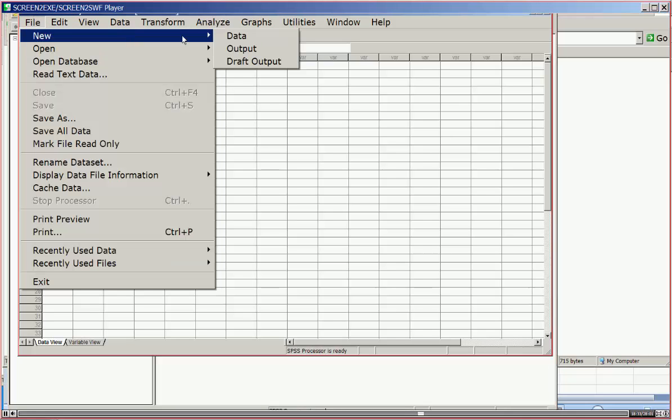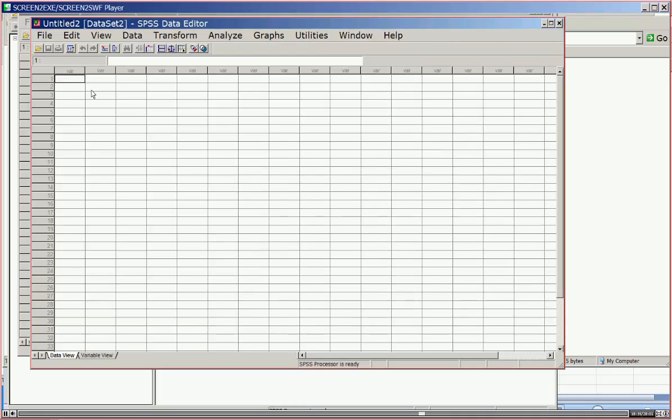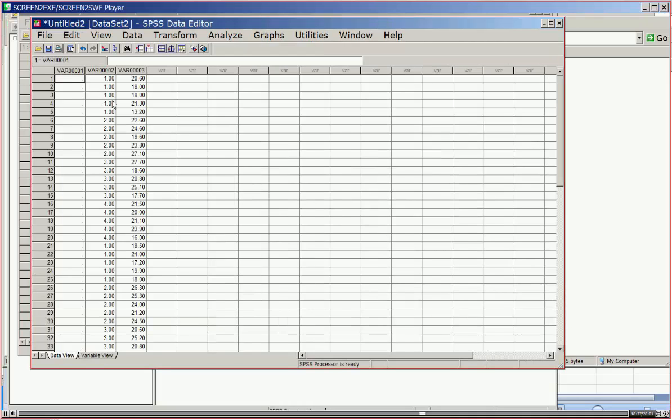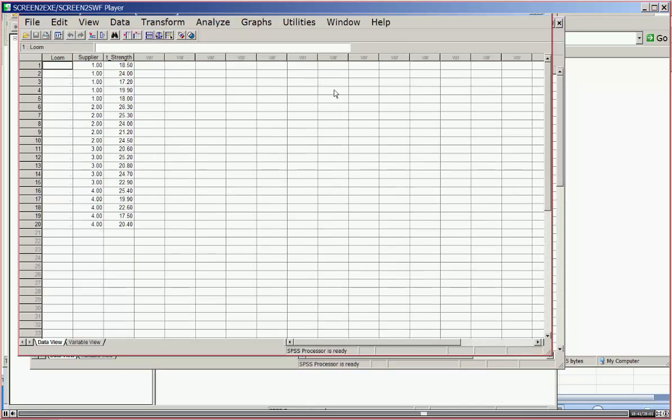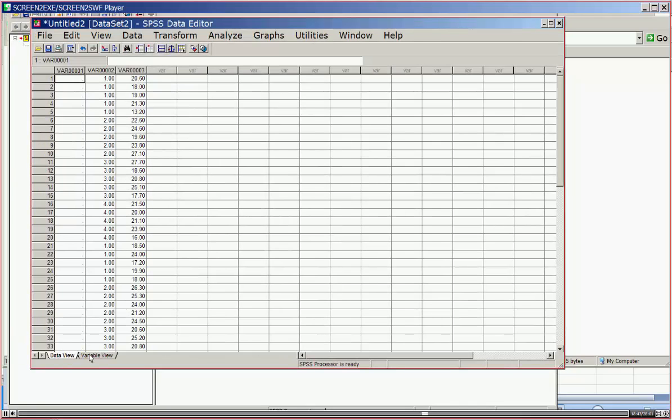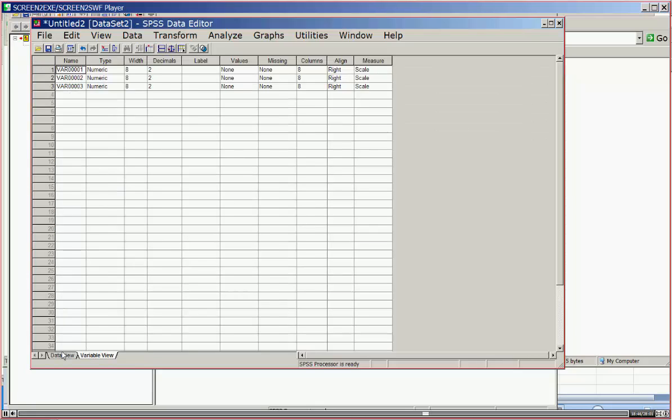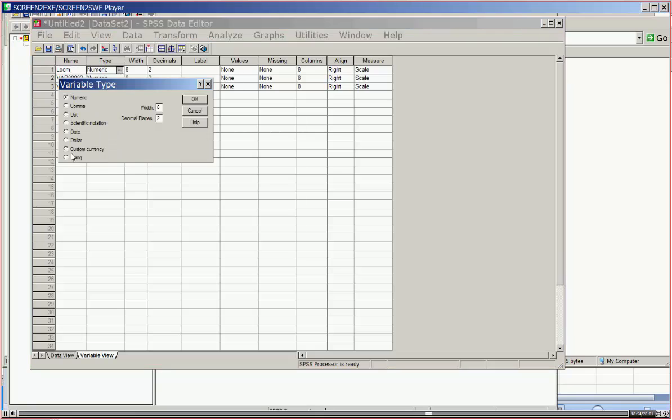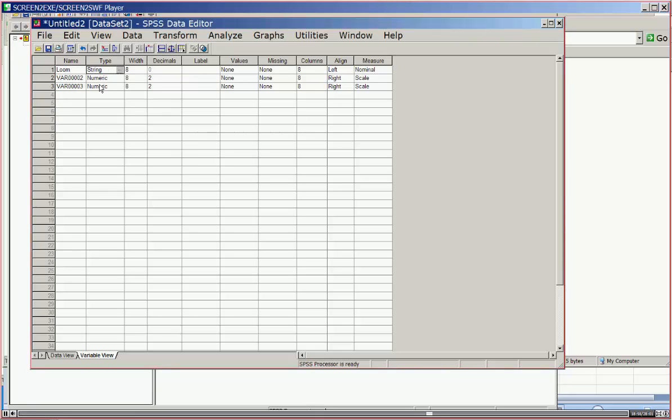Actually, let's make a new file here. It'll be easier for us. Variable view. We're going to have to rename the variables. This will be the loom, and we want for it to be string.